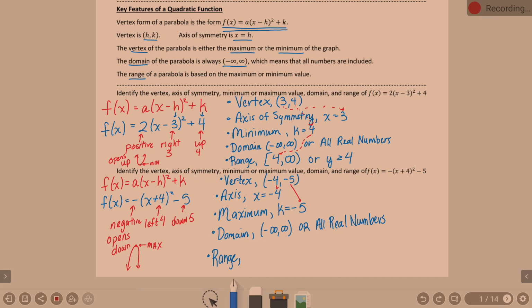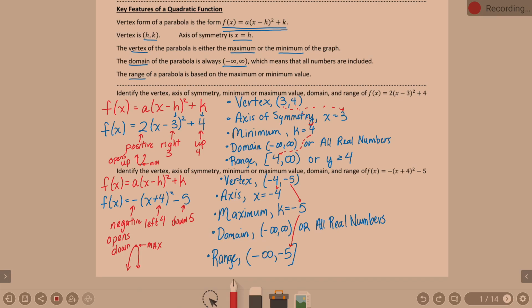It's going infinitely down, right? We can all agree there. And then how high are we going? To that max value. What was our max value? -5. So negative infinity to -5. Infinities always have parentheses, and the bracket on -5. Again, folks, that's not a coincidence that that value is the same all three times. It's never going to be a coincidence there.